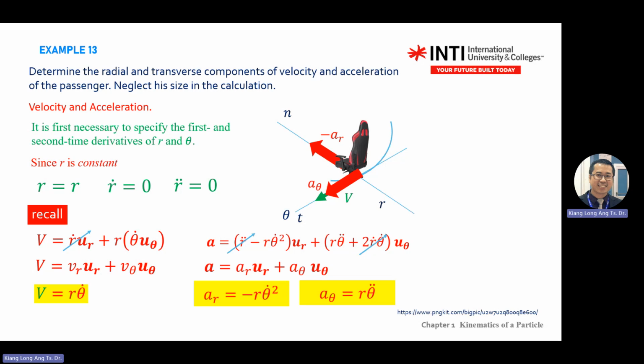You don't need to tell me what this direction is, because this velocity is in u theta. If you write r theta dot, it is also correct. It just becomes a vector only. There's a difference between v equal to r theta dot and v equal to r theta dot u theta. The first is the scalar magnitude of the vector. If you write the second one, it becomes a vector already, because it has magnitude and direction. It's just a presentation of the answer.